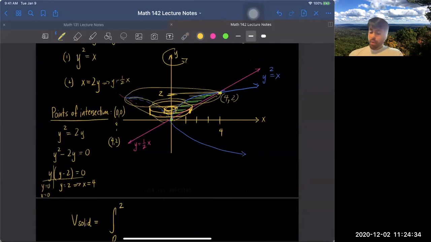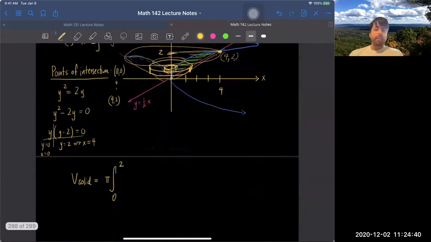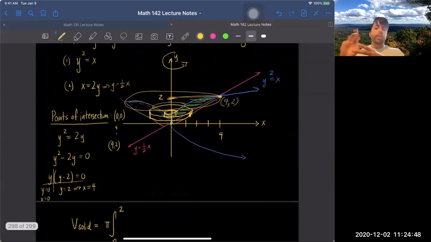And then I write this as pi being outside, right? Remember, we're going to use the washer method, but the difference is that I'm going to look at the outer radius from a horizontal perspective. So what's my horizontal radius? What is the furthest function from the y-axis?